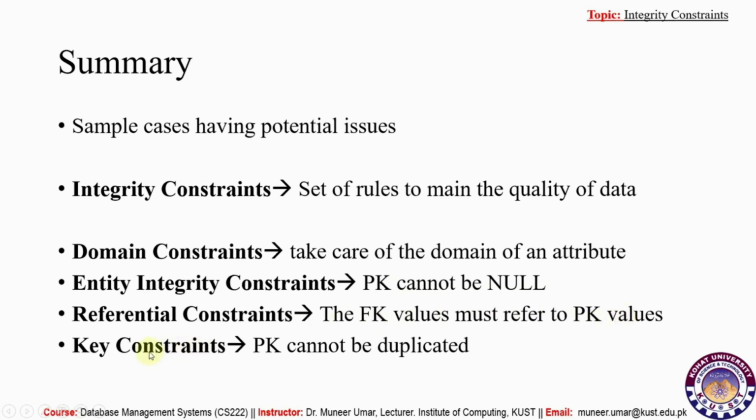Then the last constraint was a key constraint, and in this type of constraint we say that the primary key values cannot be duplicated, so we must have unique values under the primary key column. This was all about integrity constraints.